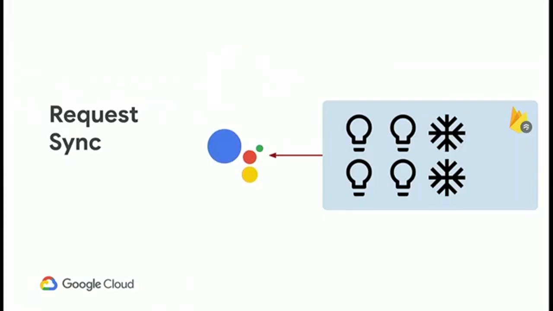So if inside of your application users add new devices or remove devices, or maybe the devices that are there change capabilities in some way, you can use the Home Graph API to tell the assistant to request a new sync. Something has changed, we need you to send a sync again. And when that happens, you'll get the same sync intent so that you can respond with the new set of data, the new set of devices and capabilities associated with that particular user.